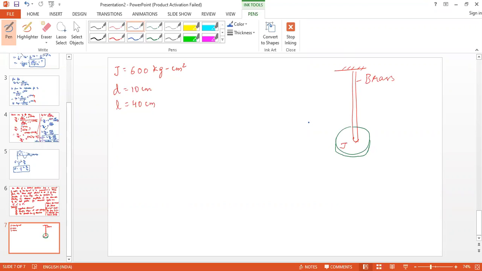And it is immersed in a viscous fluid. Have you understood the question?